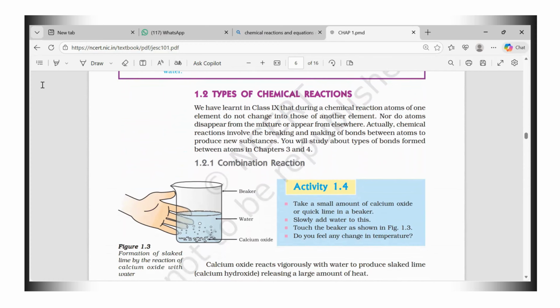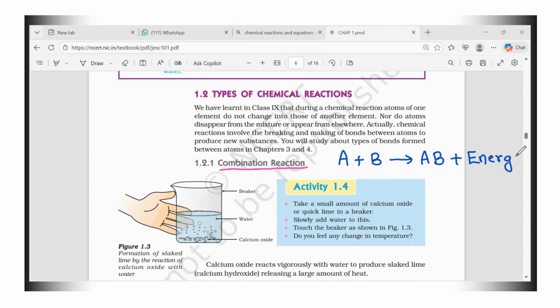Now we will come to the types of chemical reactions. The first type of chemical reaction is called combination reaction. Combination reaction means 2 reactant molecules combine to give a single product. But always energy will be released during a combination reaction, so it is also called an exothermic reaction.